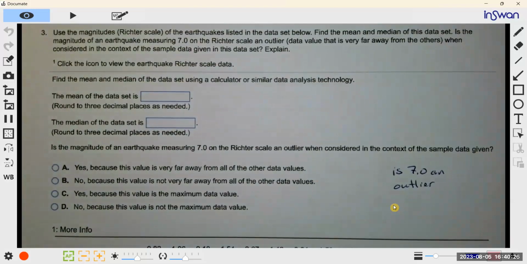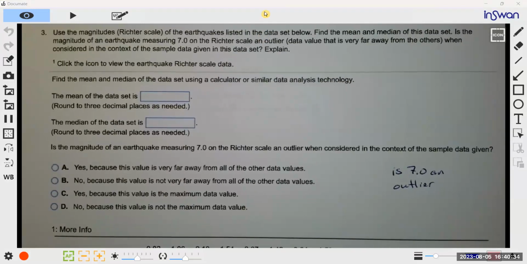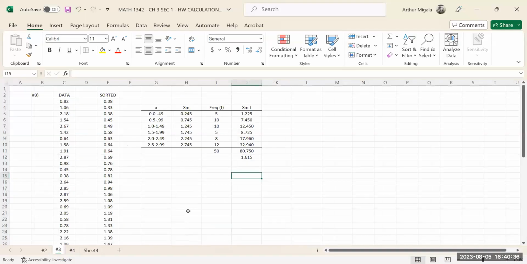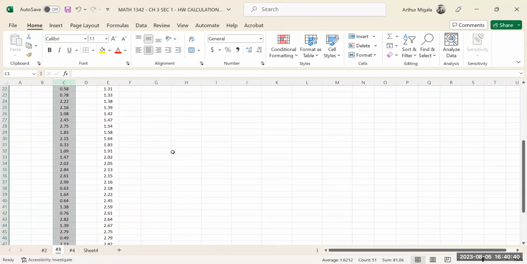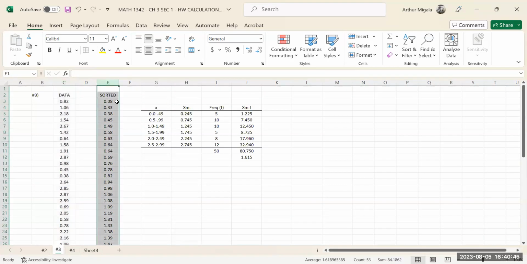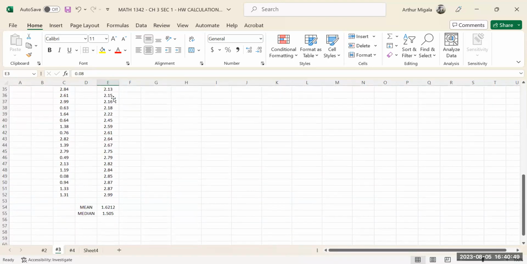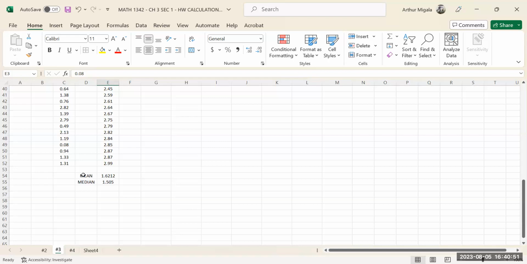All right, so let's look at this. Mean, median, same thing here. Here's the original data set. I entered all of those and sorted them. Right here I typed in the average equals that whole data range.